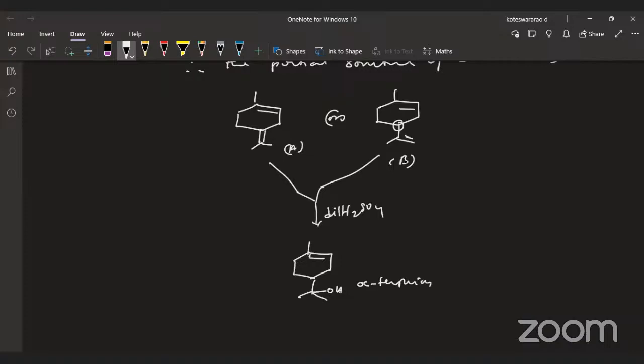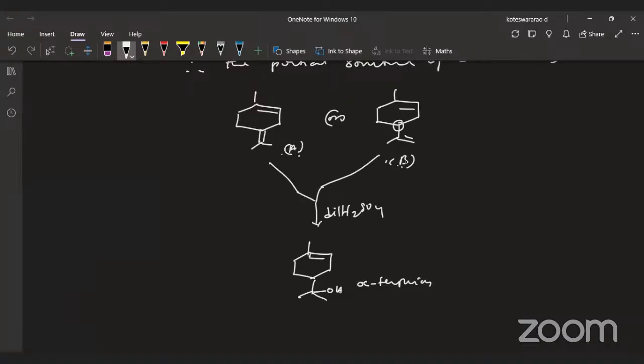But based on the previous observations, limonene exists with one chiral center. There is an absence of a chiral center in structure A and a presence of a chiral center in structure B. Therefore, structure A is ruled out. The structure of limonene is structure B.